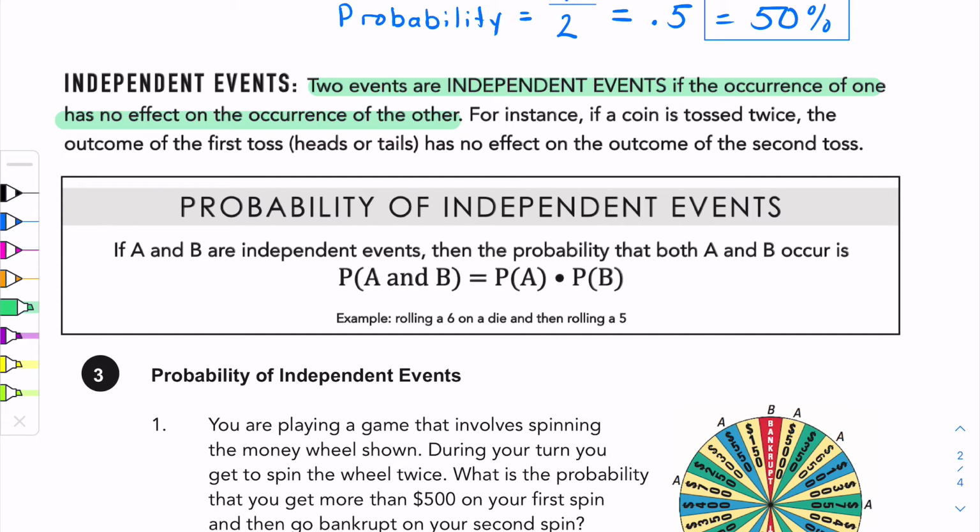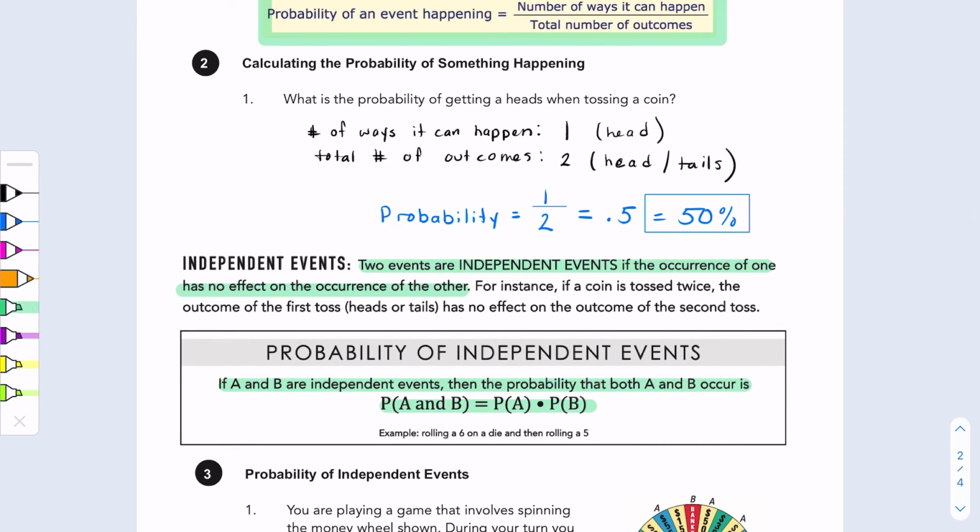It is not based on your previous answer. So if A and B are independent events, then the probability that both A and B occur is when you multiply your probabilities together. So basically you repeat this process twice and you multiply your answers together.